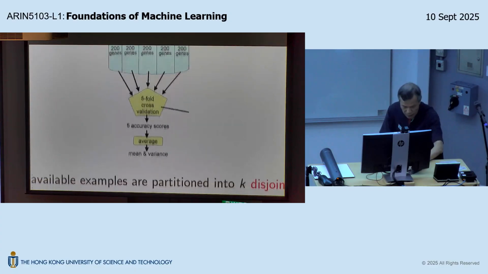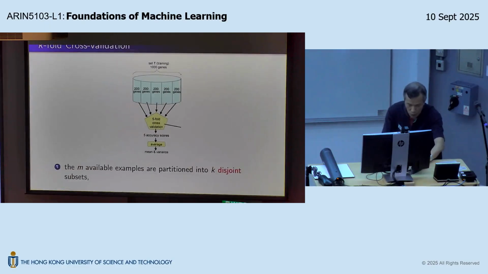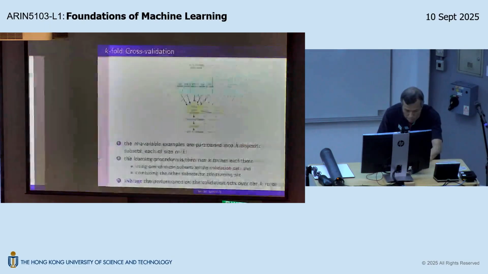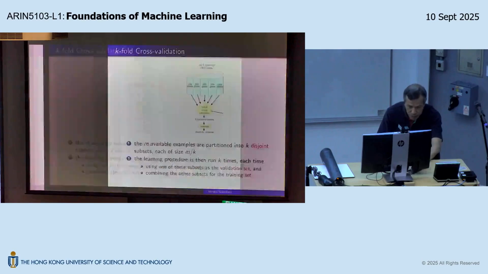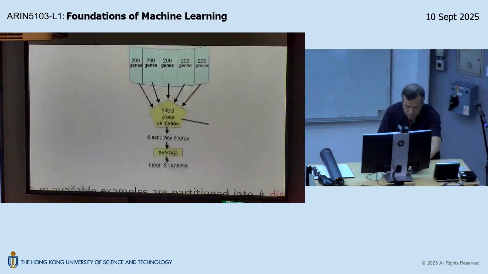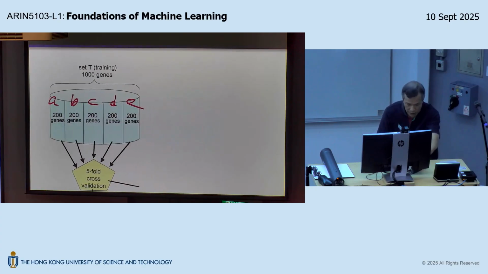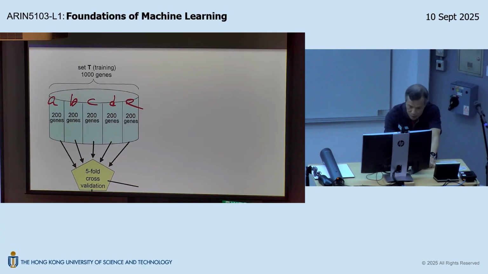Let me see if I have a better picture. So let's call these parts A, B, C, D, E. I have 5 parts, and for 5-fold cross-validation, just like before, I have to do training and I have to do validation.